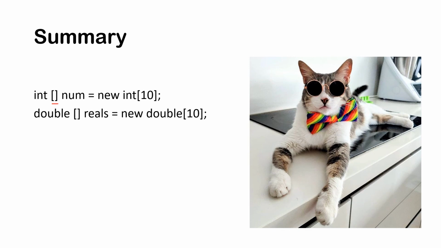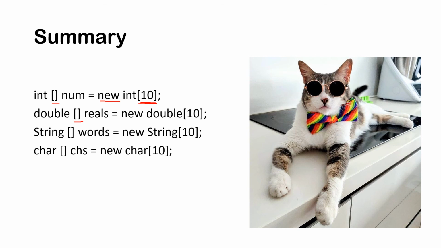If you've got the square brackets on the left and then the word new on the right, you put the variable type or the data type and then square brackets and the size of the array on the right. So you could do a string array, you could do a character array, and you can do a Boolean array.